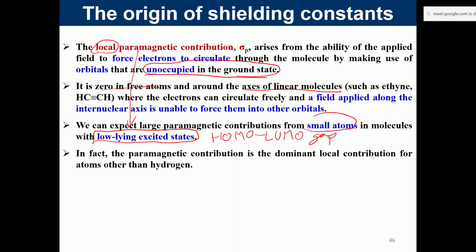The paramagnetic contribution is large for small atoms in molecules with low lying excited states. Actually we are talking about molecular energy levels, and if the difference between occupied and unoccupied is small, then this contribution can arise.